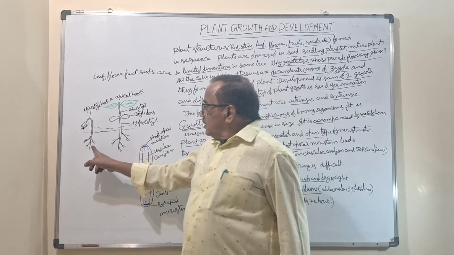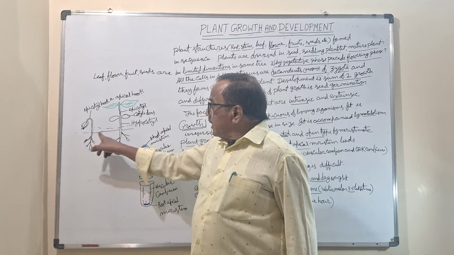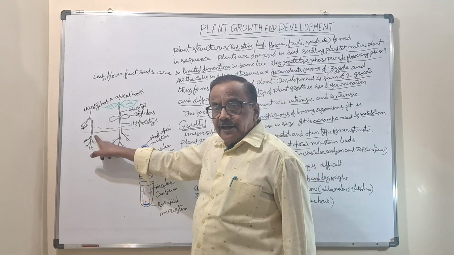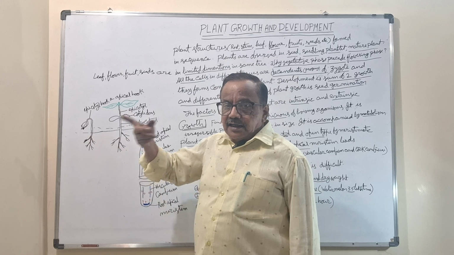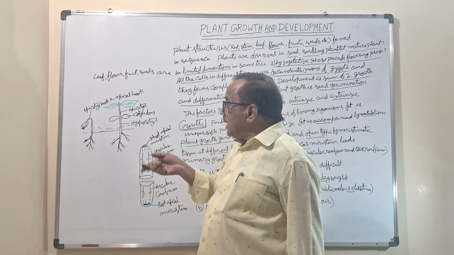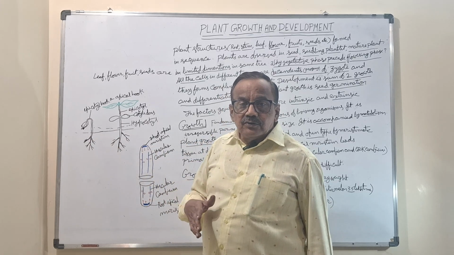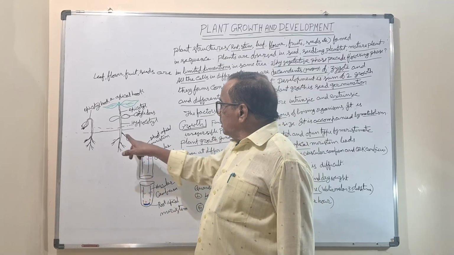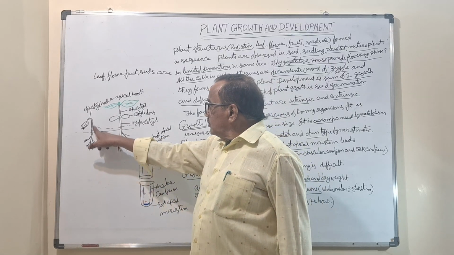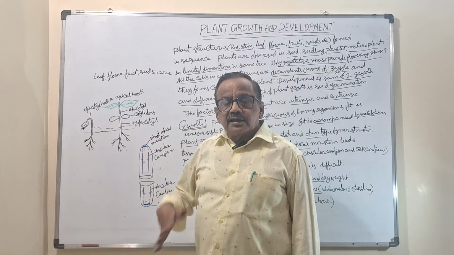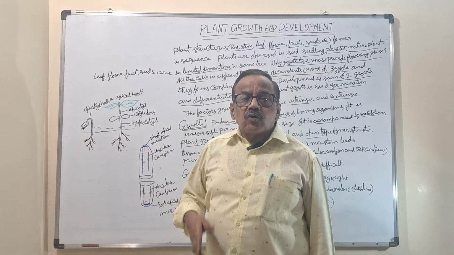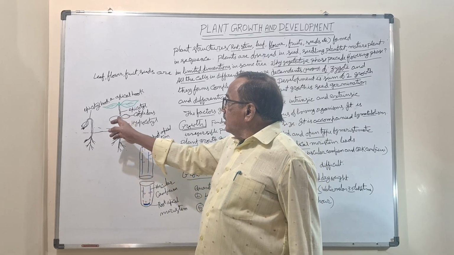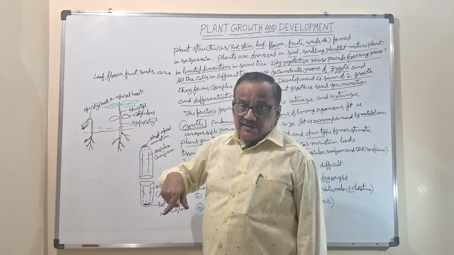When a dicot plant, a bean plant, is germinating, the radicle will come out, as I discussed. That radicle will produce lateral roots after some extent of growth. From here to here, whatever is there, that is the hypocotyl. And next is the embryonal axis.